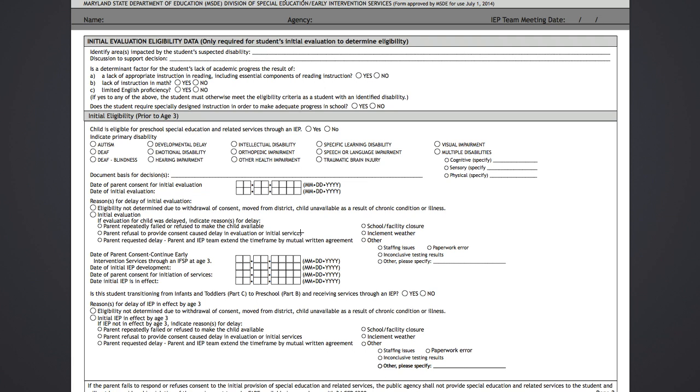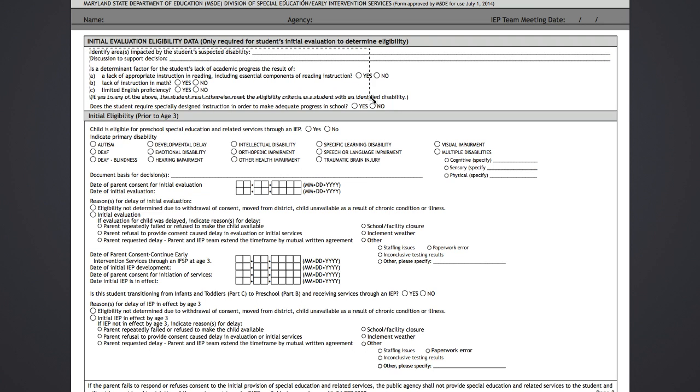The initial evaluation eligibility data is really much more specific because it's taking the team very carefully through the process of identifying the child. So you see some of the same questions here as you saw before, but you also see some more specific information.